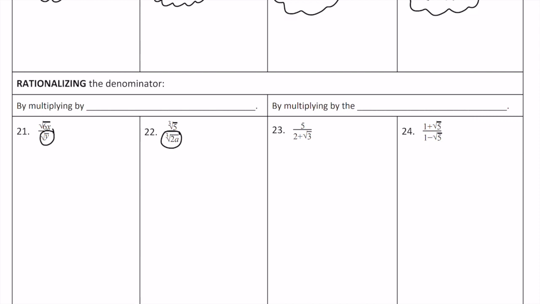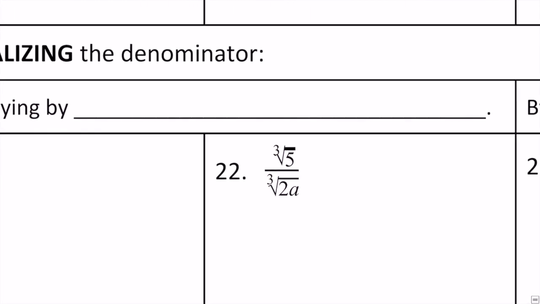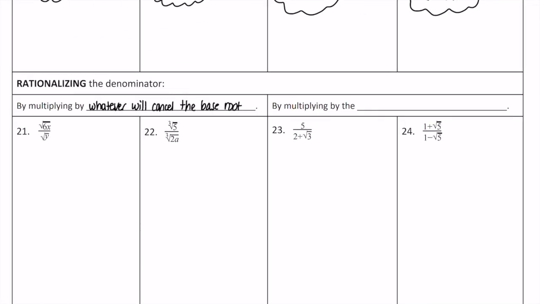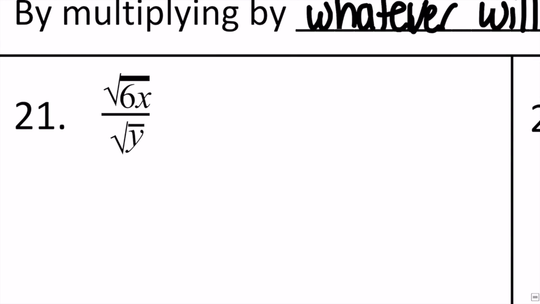I'm just going to multiply by whatever will cancel the base root, whether that be the square root or the nth root, the cubed root, the fourth root. So in this 21, I want to multiply by the denominator, the square root of y.